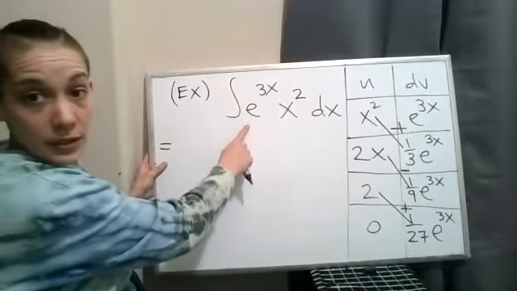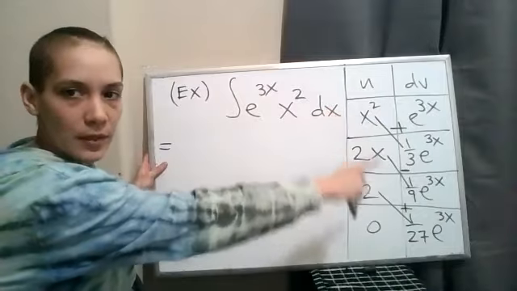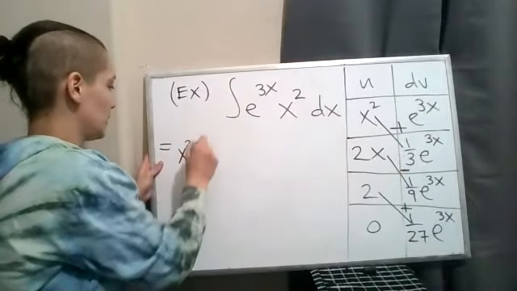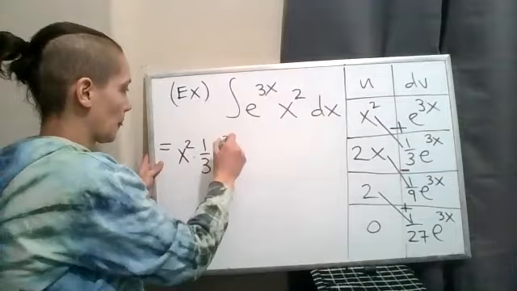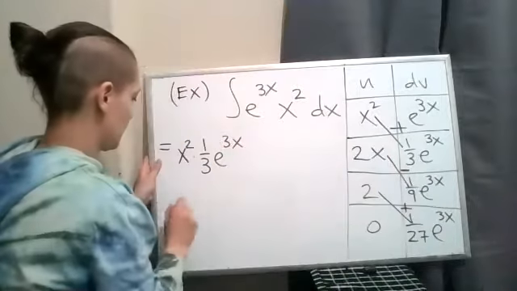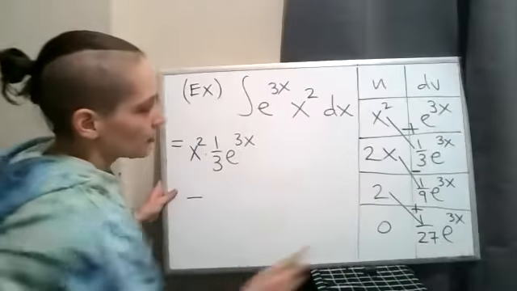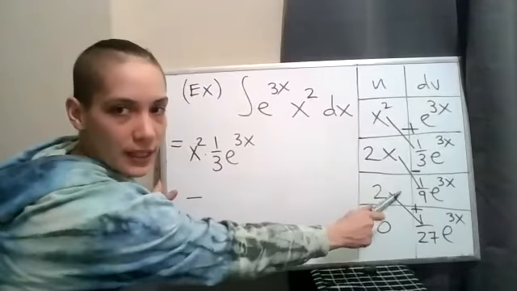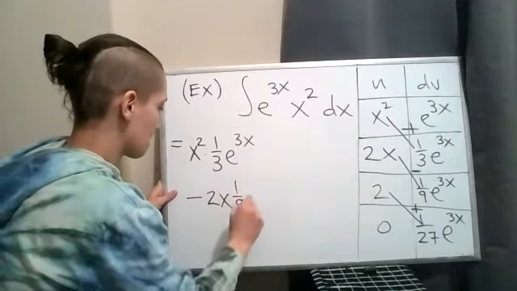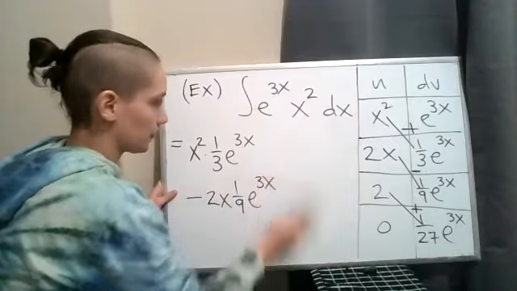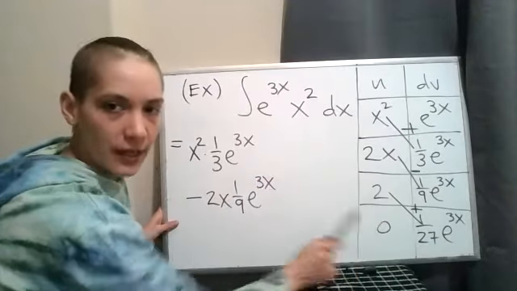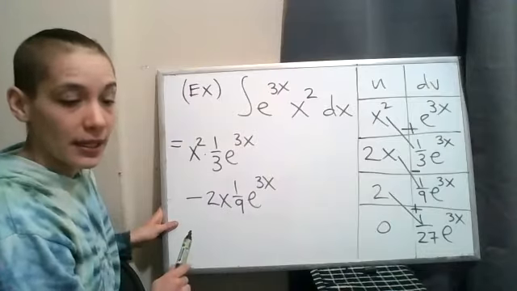All right, so the integral is equal to x squared times 1/3 e to the 3x. And then subtract 2x times 1/9 e to the 3x. And then add 2 times 1/27 e to the 3x.